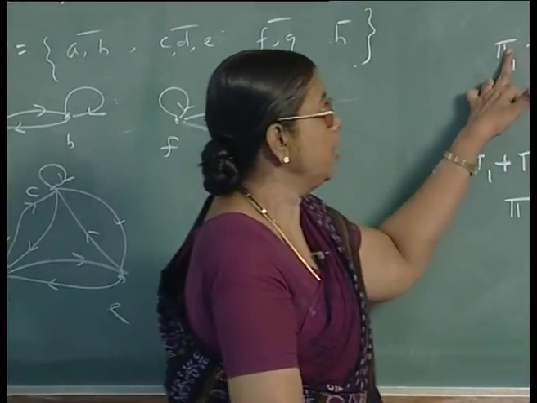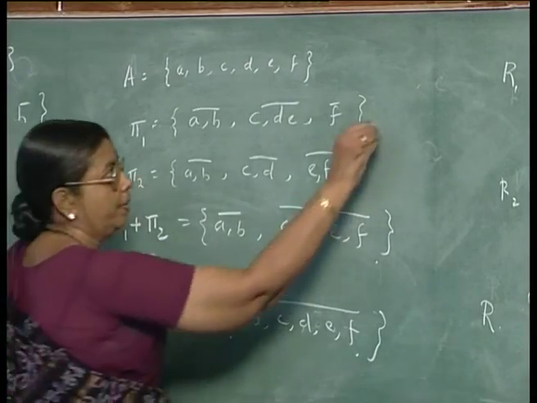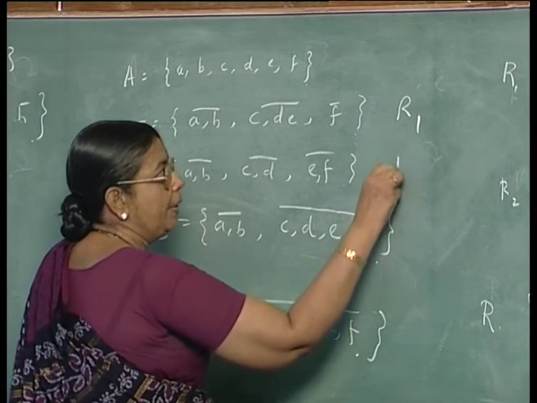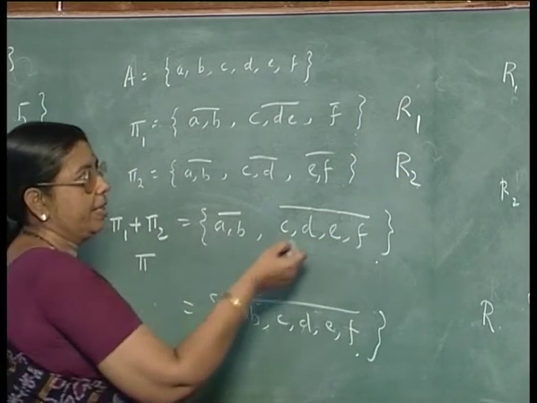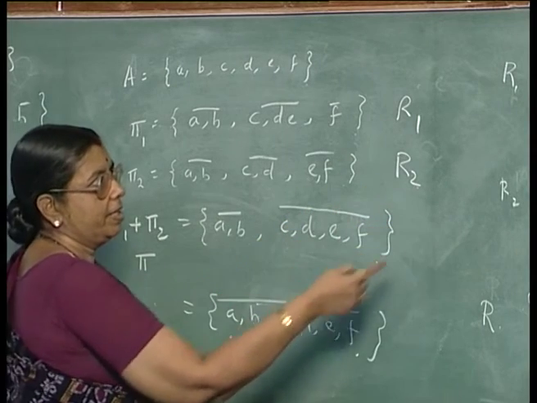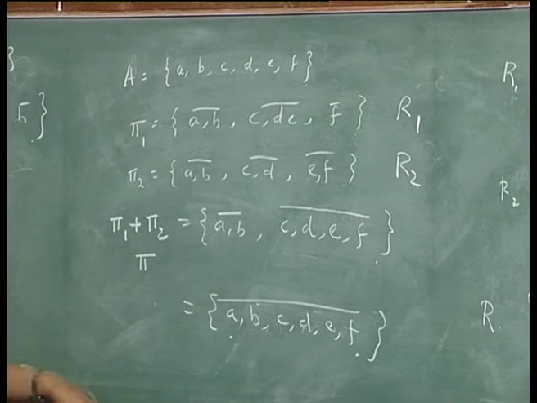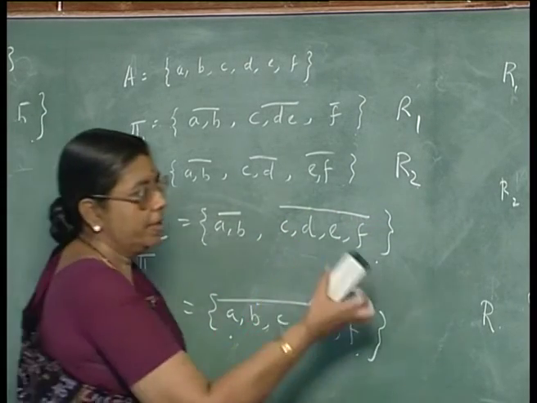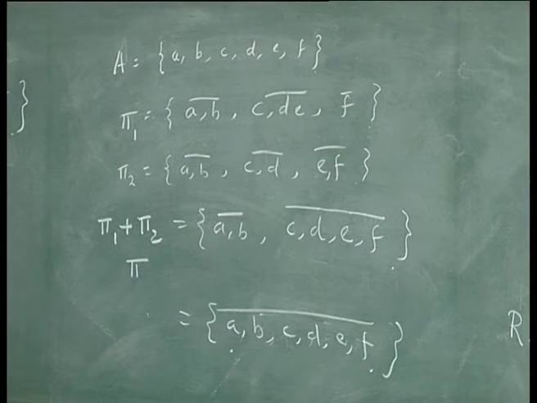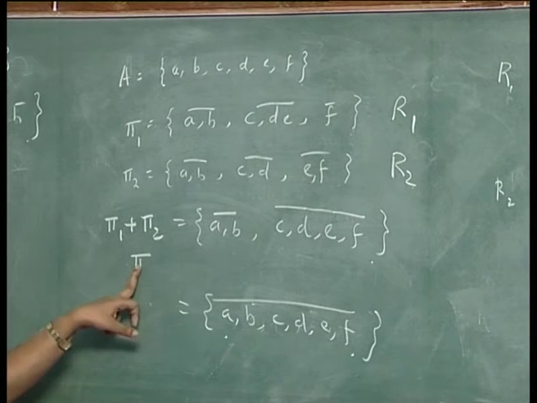Now, pi 1 will induce an equivalence relation R1, pi 2 will induce an equivalence relation R2. We have seen what that is in this example. R1 is this, R2 is this. Now, pi induces another equivalence relation, but you see that R1 union R2 need not be an equivalence relation, so what is the equivalence relation induced by pi?